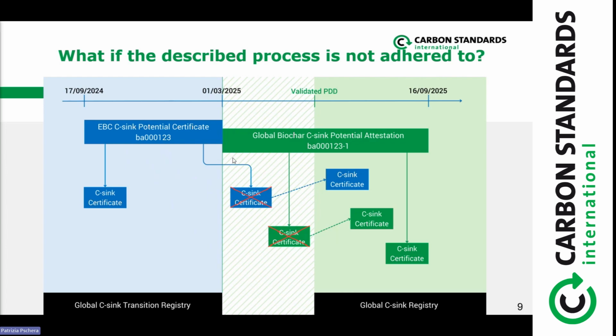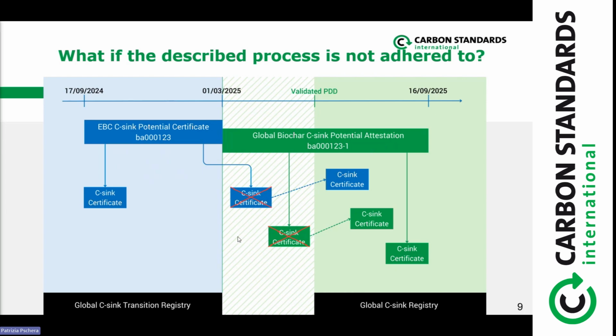That means until you have a validated PDD, you will not be able to issue C Sinks, but you can issue C Sinks with the EBC C Sink potential even after the 1st of March. So you can issue C Sinks also after the 1st of March, and these can be either with old EBC C Sink potentials or with the new Global Biochar C Sink potential.